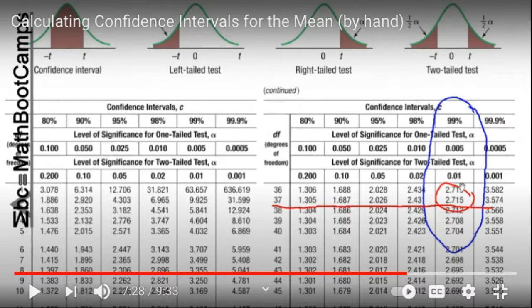Now, in her example, she's using a two-tailed test. And if you look at the graphs up at the top of this screen, you can sort of see what the two-tailed test is and what the one-tailed test is. So can somebody explain it in English?